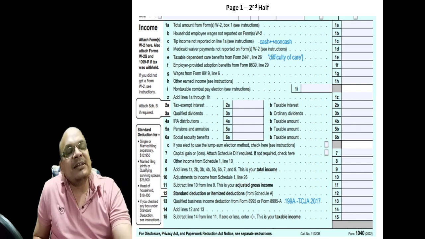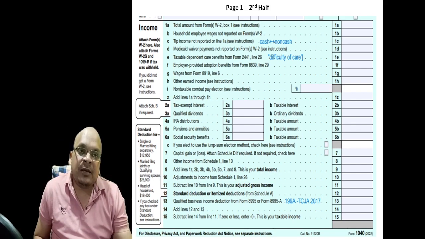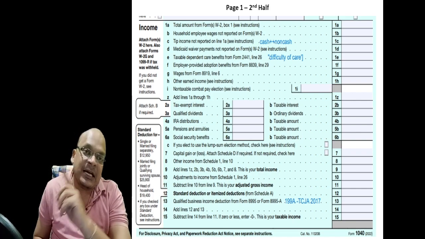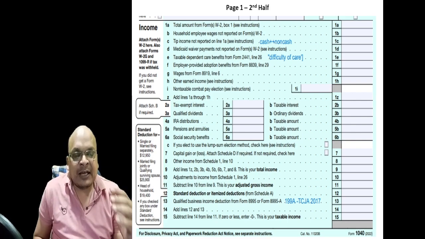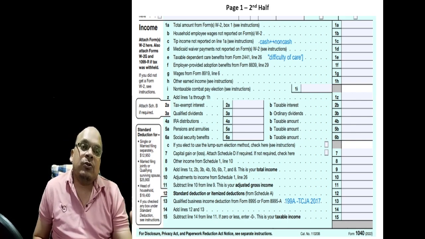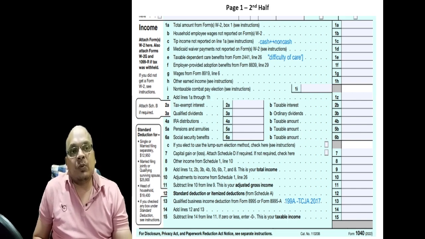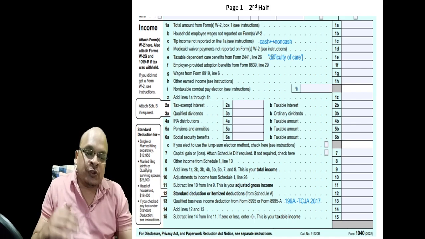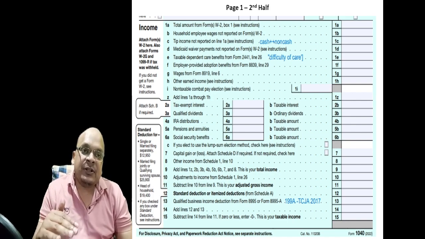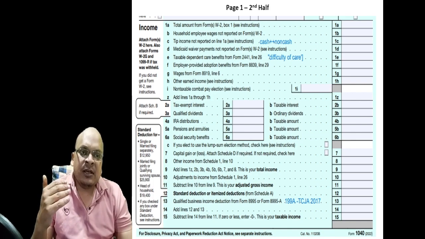But if you remember these headings at least, when you study in the actual course, you will be able to identify, okay, this is the income, this is the heading which is shown at that place in Form 1040. It actually streamlines the process. You will have a proper structure in your mind, even when you will be studying the academic part of Part 1 Individual, right? So till line 8, you have all the incomes mentioned: other income, interest income, salary income, etc., capital gains, everything.